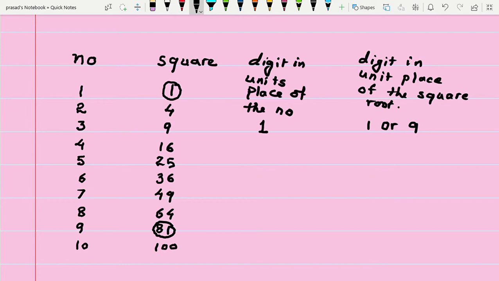Keep it in mind, if the square root is perfect, the units place of the number will be either 1, 4, 9, 6 or 5. No other digit can be there. So when the number ends with 4, the square root will end with either 2 or 8. As you can see, 8 squared is 64.